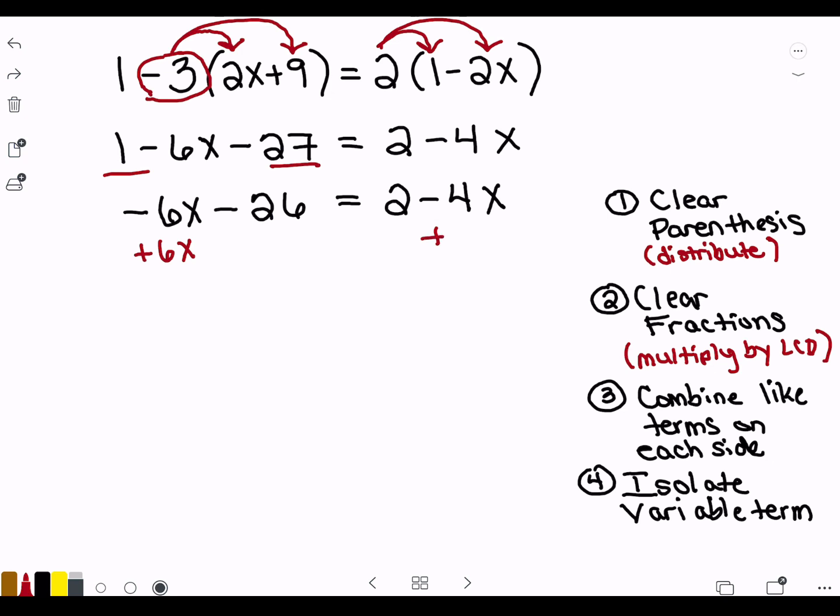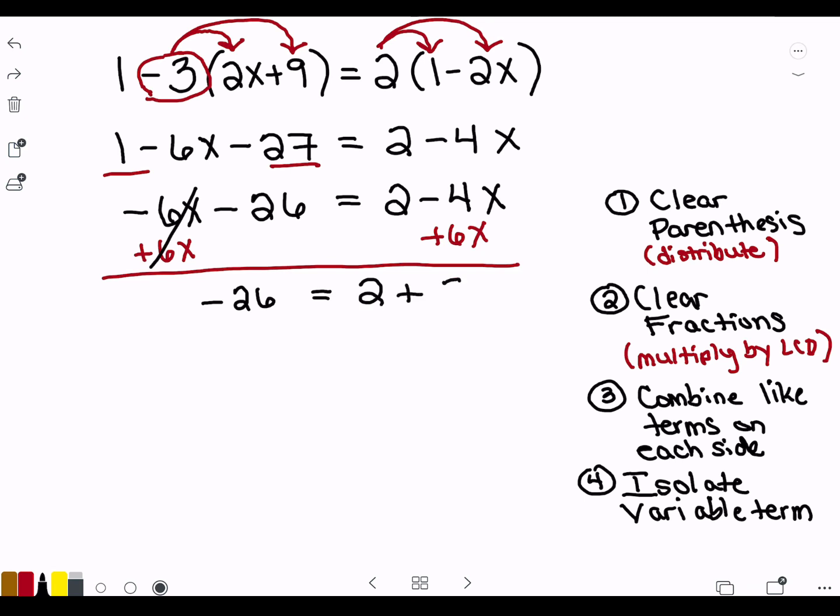So in order to do that, I'm going to move the 6x to the other side. When you're jumping across the equal sign, you got to do the opposite of what is displayed. So since I had negative 6, I had to add 6 to both sides. And now I have minus 26 equals 2 plus 2x. I'm going to move the 2 to the other side because, again, I'm trying to isolate the variable term.